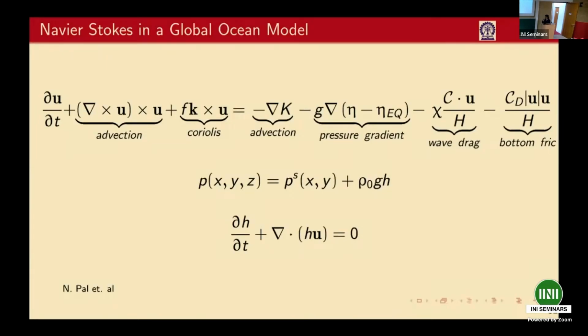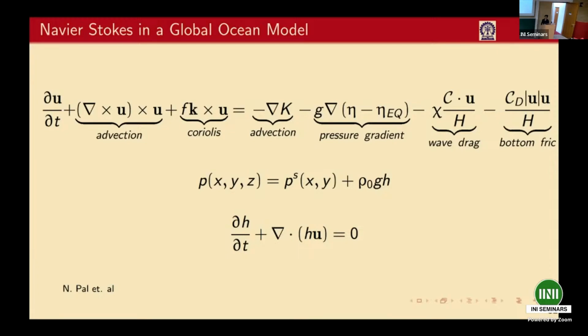Wave drag basically happens when there is a shear between two layers of the ocean near the bottom. Due to the bottom topography, the water moves over uneven surfaces, and that creates many waves, internal waves.